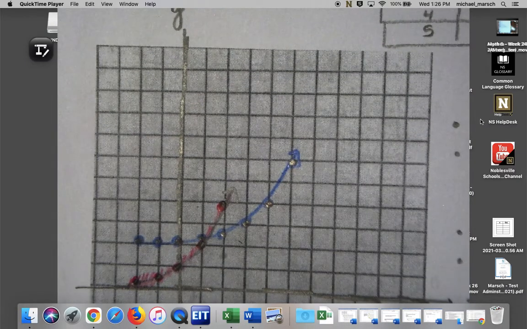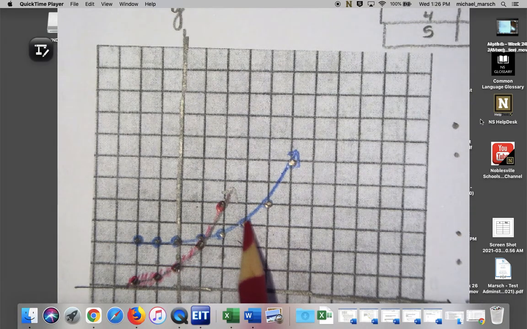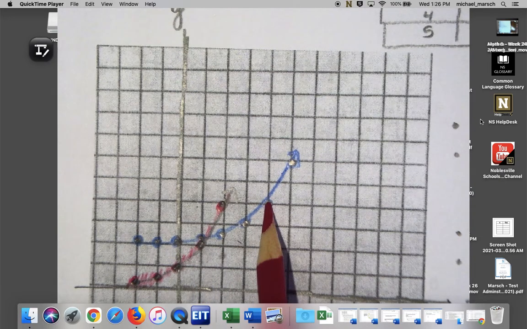All right, so if I take this point here, everybody see this point here? If I move 3 to the right, 1, 2, 3, and 2 up, I'm on a point of my blue line. Did you guys see that? If I take this point here and I go 3 to the right and 2 up, I'm on a point from my blue line.